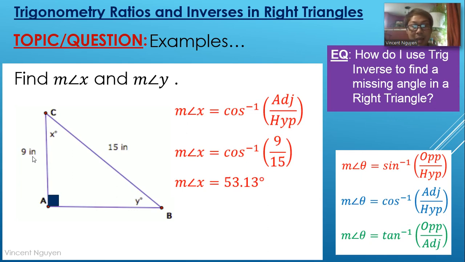After I get my x angle, I don't have to set up another trig function. I can just subtract it from 90 to get my y angle, because x and y make 90 degrees since the other angle is already 90 degrees. So if I already found x, all I have to do is subtract x from 90 to get y, which happens to be 36.87.